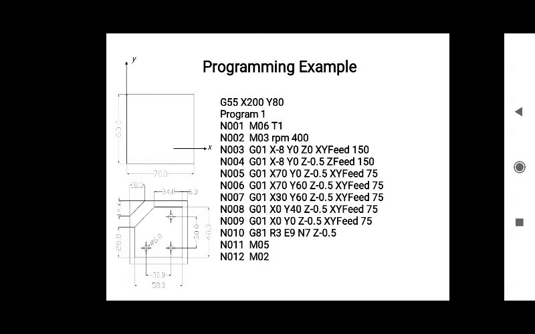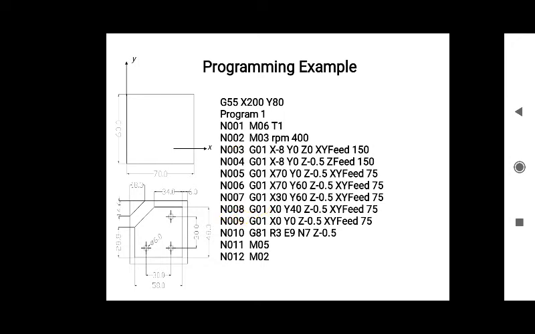Now we are supposed to repeat this cycle up to the depth. Here the depth is not mentioned, so let us say 4 mm depth. Okay, now this cycle should repeat 7 times, or this block should repeat 7 times from N003 to N009.